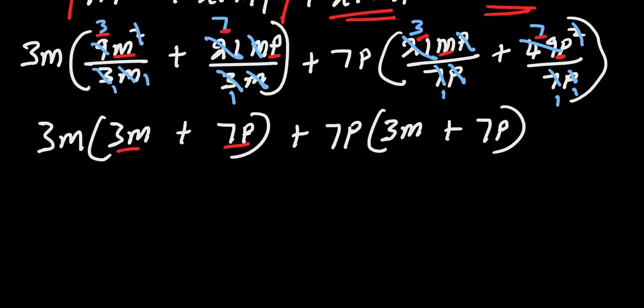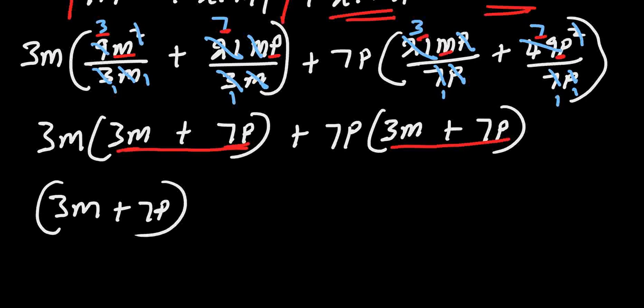So now you can see that we have 3m plus 7p here, 3m plus 7p, both of them in the parentheses. So we can simply write them here, 3m plus 7p, and if you strike it from here, then you will be left with just 3m plus 7p.